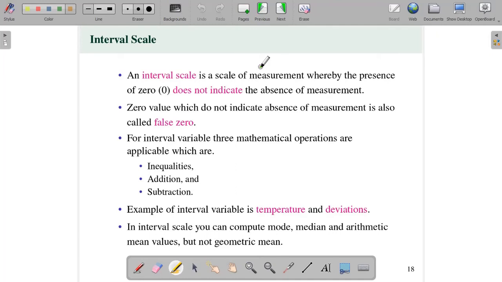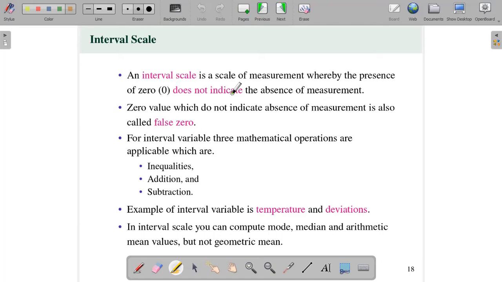If someone tells you the temperature is zero, it does not mean there is no temperature, since temperature can fall below zero. So under such a scenario, when you see temperature is zero, it means that zero is a false zero.